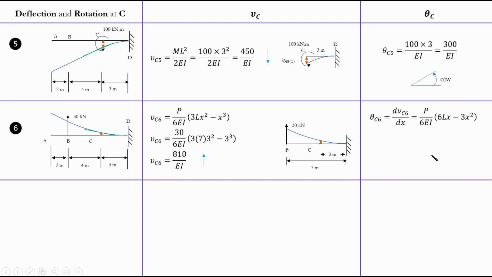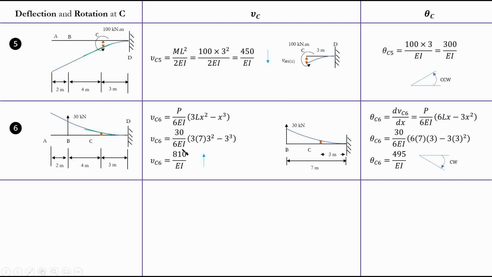As you can see here, just plug back in 3 meters for x, and that's it. So this is going to be our value. And is it clockwise or counterclockwise? It's going to be clockwise, right? Why? Because this is our normal beam and this is our deflection at this point, right? It's deflecting upward, which is basically clockwise, okay?